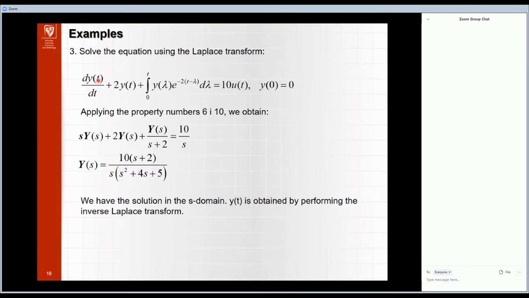And differentiation in the time domain means multiplication by s in the s domain. So instead of this, I just multiply by s in the s domain. And I can also take into account the initial conditions, but the initial conditions are equal to 0. So I have here only the first.